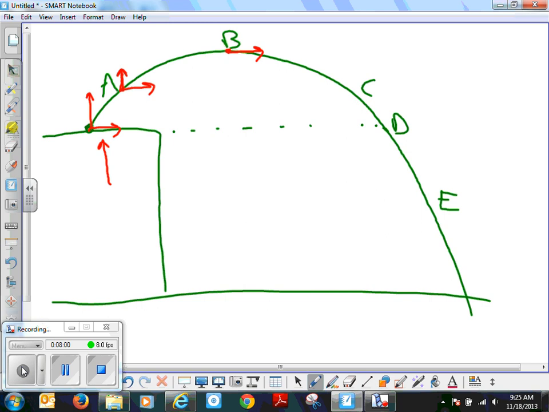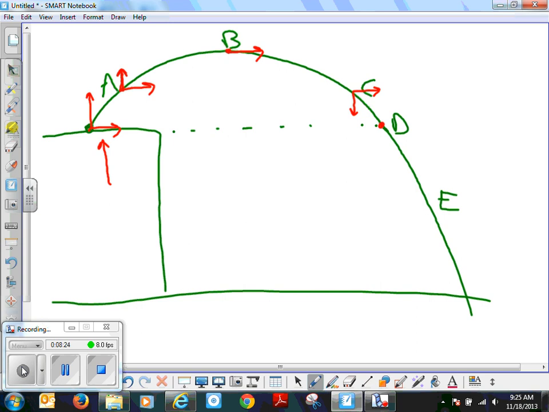How about C? What do we know about C and A? They're not the opposite. The y is the opposite. Very good. So the y is going to be opposite. The x will be the same. So they have the same magnitude but different directions. The y is opposite. How about D?